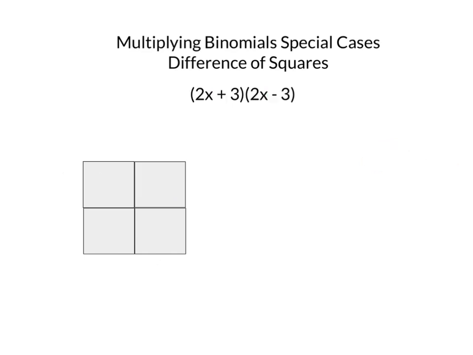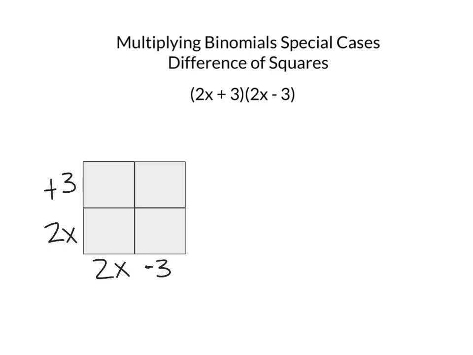In this example here, I have the quantity 2x plus 3 times the quantity 2x minus 3. And again, I'm going to start by doing the box method on the left. So I'm going to put 2x plus 3 on the left, and then 2x minus 3 on the bottom. And I'm going to fill in each block.